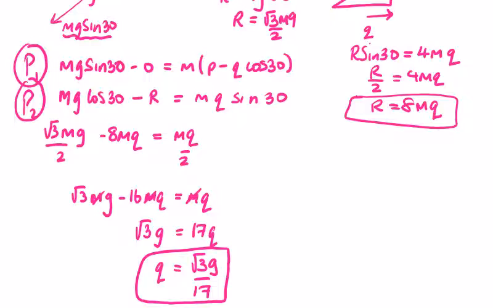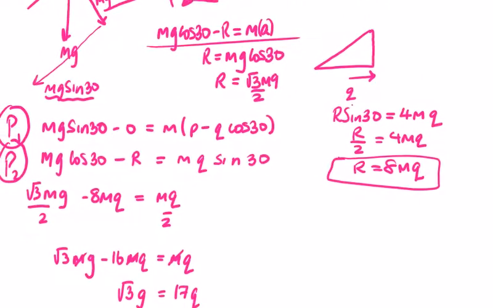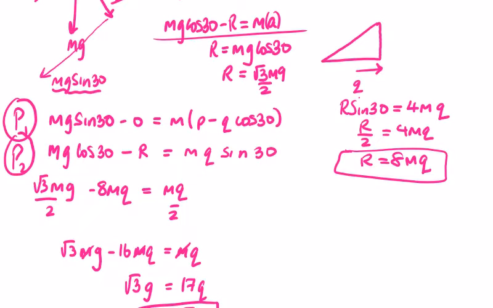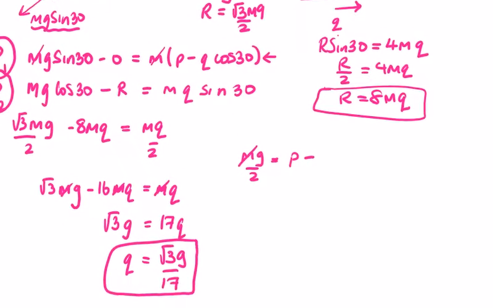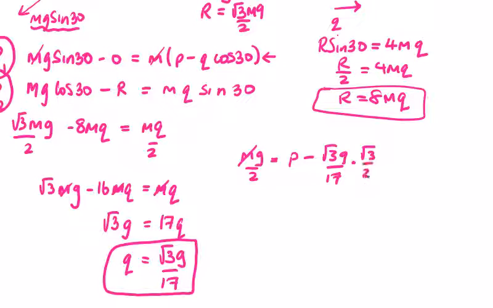And then to solve for p, that'll be a simple equation for p. Just use this one here. So mg sine 30, mg over 2, is equal to, we can actually divide by m here, cross that m out. G over 2 is equal to p minus q by the cos of 30, so minus q, root 3g over 17, by the cos of 30, which is root 3 over 2.